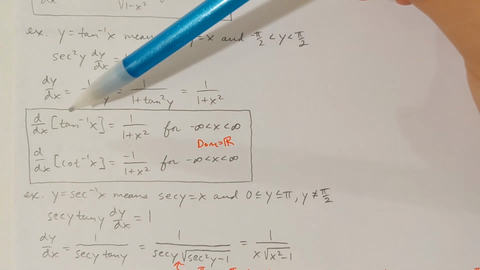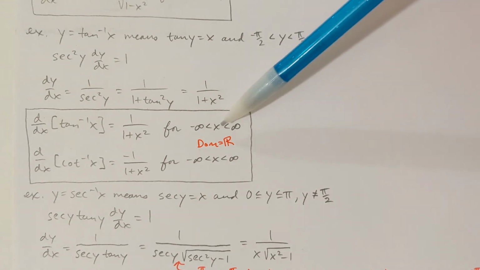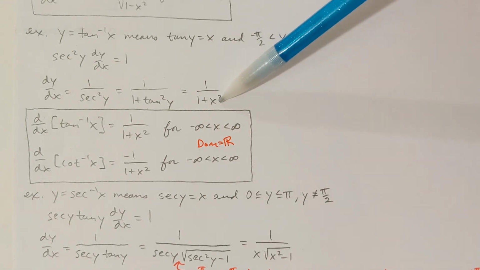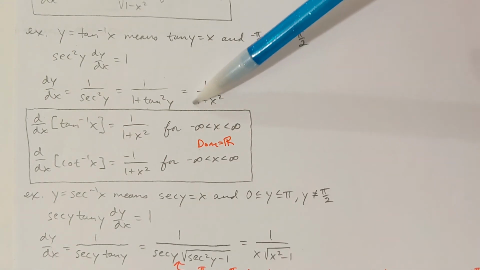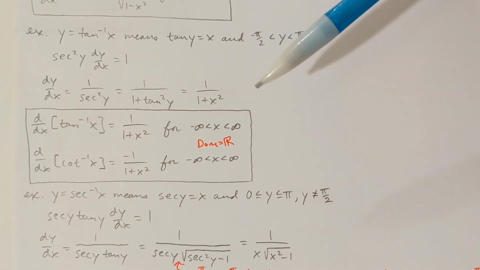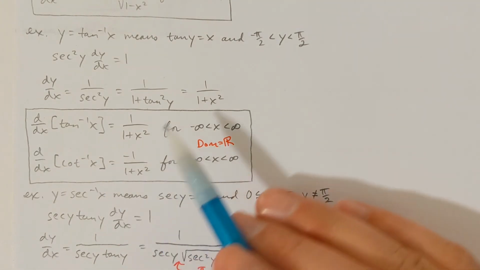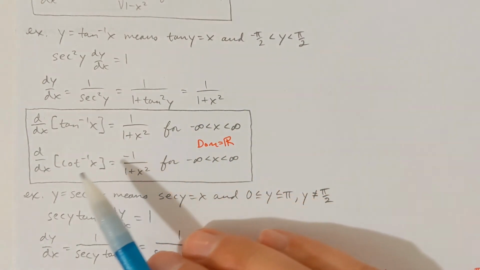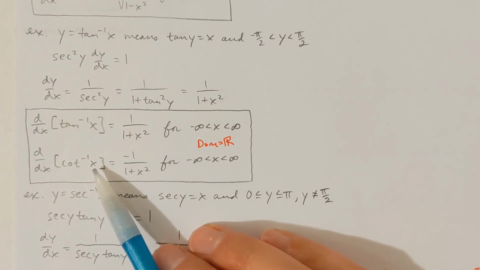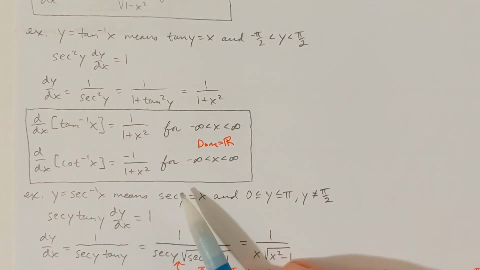The derivative of tangent inverse of x is 1 over 1 plus x squared. Any real number is allowed for x. You're never going to get 0 in the denominator there, no matter what x is. Similarly, if you were to run through the calculation for the derivative of cotangent inverse of x, it would be negative 1 divided by 1 plus x squared.